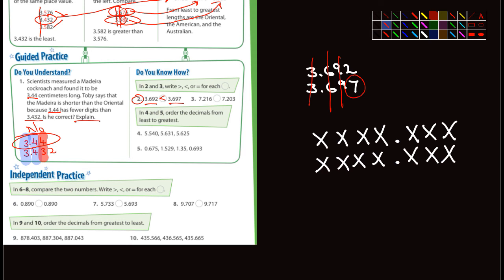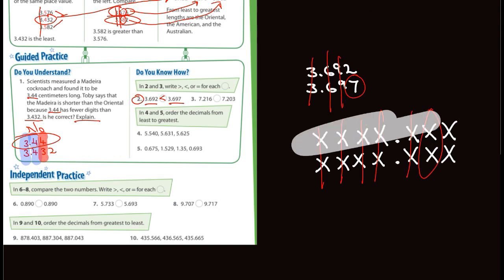Are these the same? Are these the same? Are these the same? And as soon as you see a difference between two digits, look for the larger one, and then you will have the larger number. And it doesn't matter whether it's into the decimals or not. These could be the same. These could be the same. Maybe these two are different. The first pair of numbers that you see a difference, that's going to be the larger number.